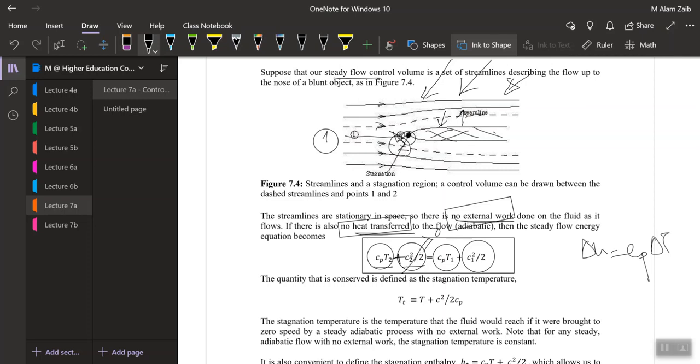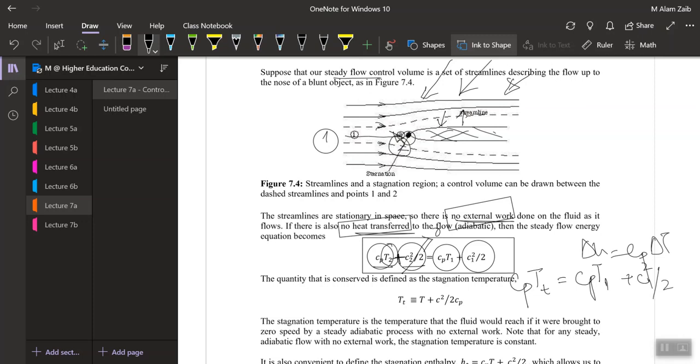That means the kinetic energy component becomes zero, and the temperature at that point is now called the stagnation temperature. So when this component is zero, Cp T stagnation is equal to Cp T1, which is the initial condition, plus C1 squared by 2.